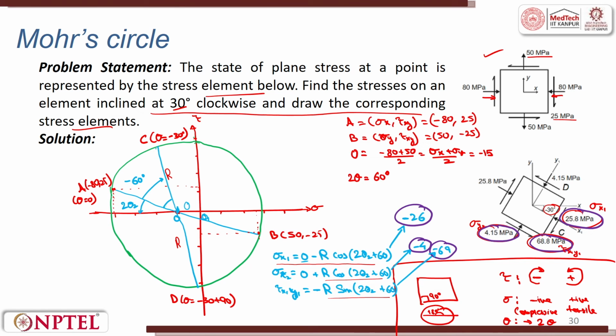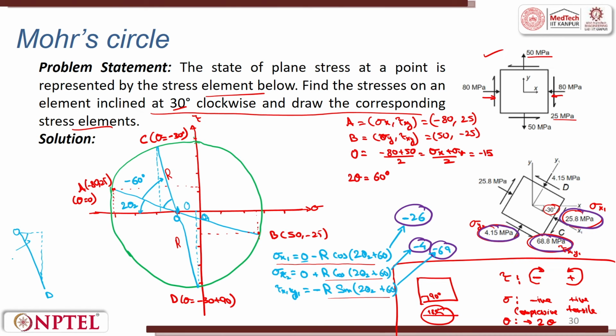So, I will draw two projections here, one from point C down to normal stress and another from point D to normal stress, these two projections. So, here if I try to draw this, this is O, this is D, and this angle is what?